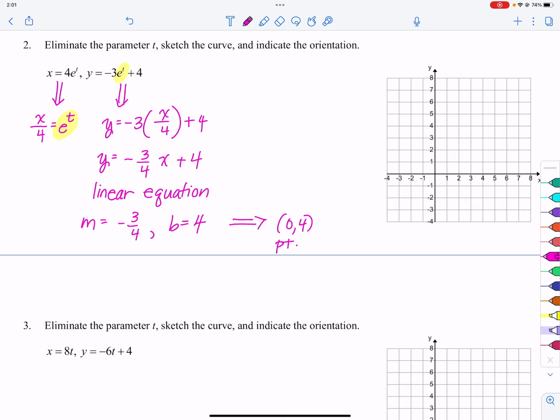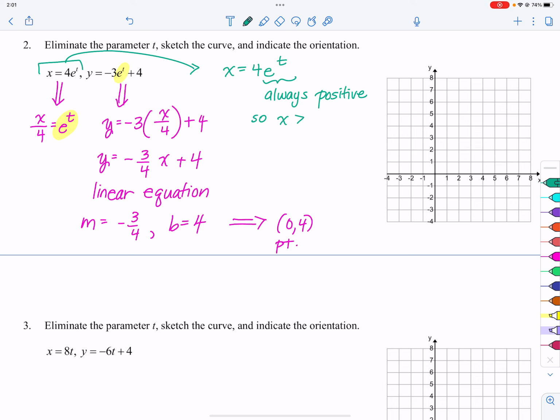If we go back to the original parametric equations, let's take a look at this right here. As you see, x is equal to 4 times e to the t. E to the t is always positive. So 4 times any positive number is going to be positive.